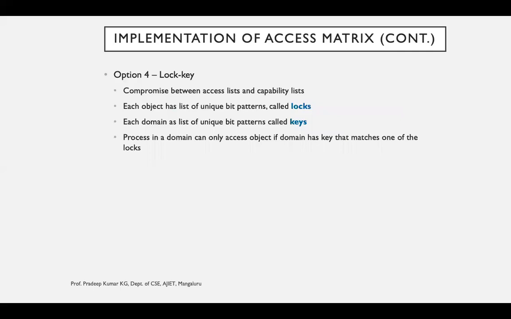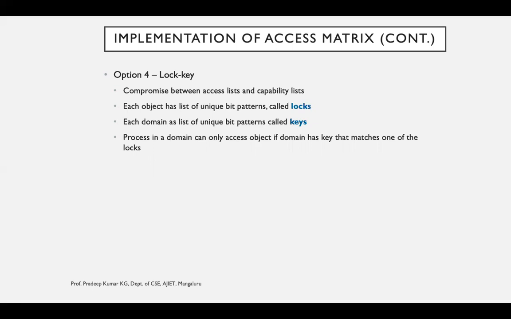So over here, what happens is each object has a list of unique bit patterns called locks, and each domain has a list of unique bit patterns called keys. Now, key and lock should be paired so that each domain can have specified permission on the particular object.